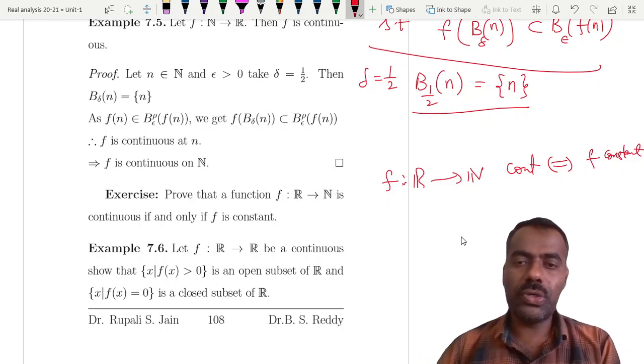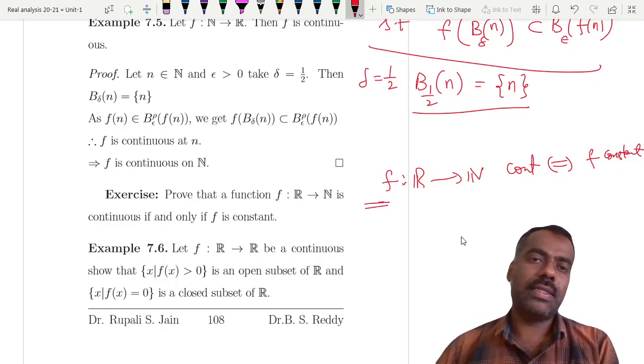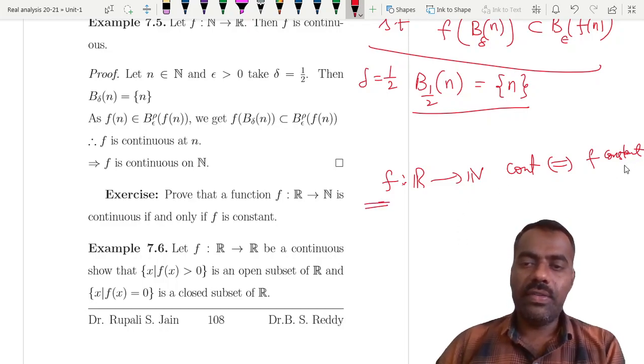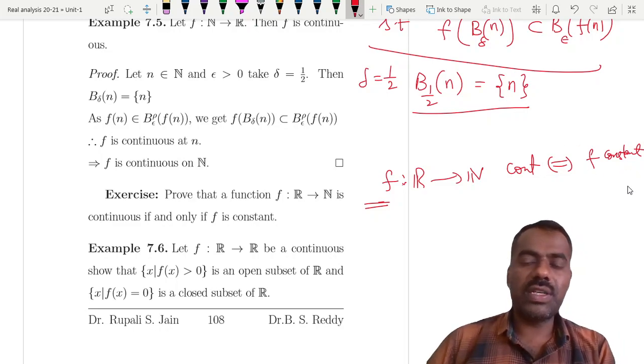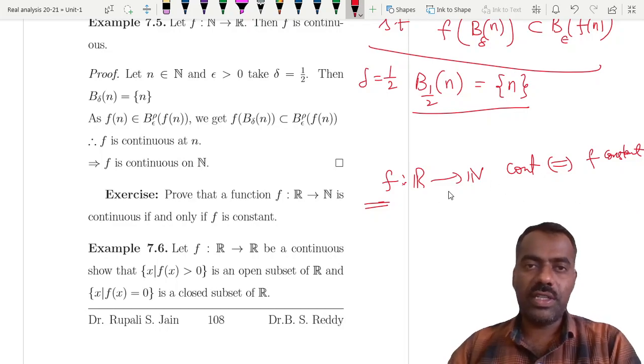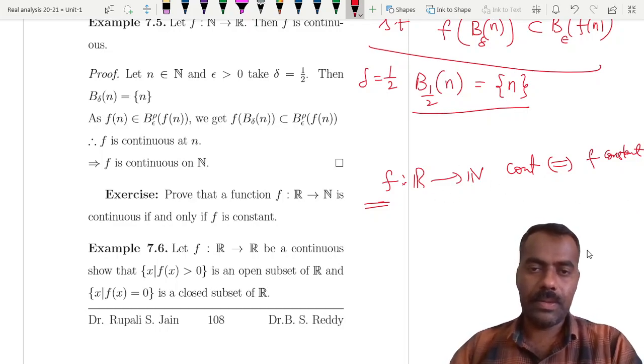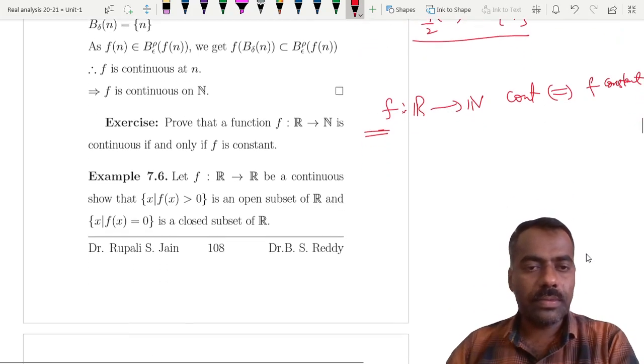Okay, try to show that by taking something. If you are not getting it, you can ask me, I can explain in the next class. So from R to N, the only continuous functions are constant functions. No non-constant function defined from R to N is continuous. Okay, fine.